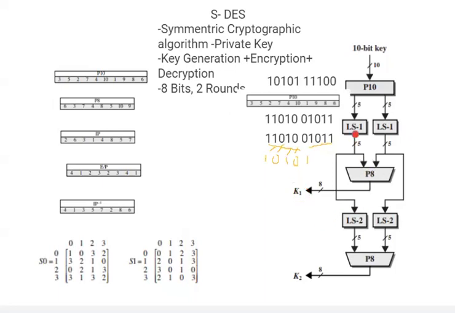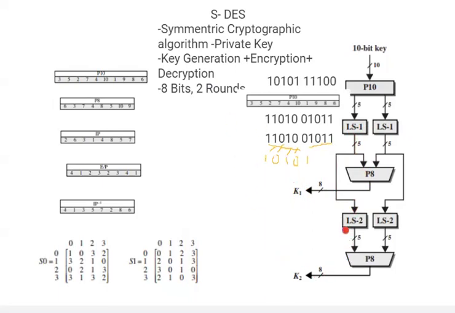Then moving on, we have done left shift 1, right? For getting key 1. So again, on the same input, we have to do the left shifting twice. How will you be doing it? You first do left shifting by 1, and again left shifting by 1, so together that is left shifting by 2, the same operation.